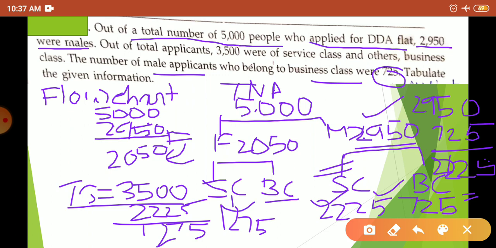अब बिजनेस क्लास का नंबर आप कैसे कैलकुलेट कर सकते हैं? टोटल फीमेल नंबर 2050 है, उसमें से सर्विस क्लास बिलोंग करते हैं 1275 को. जब हम सब्सट्रैक्ट करेंगे तो बिजनेस क्लास मिल जाएगा.